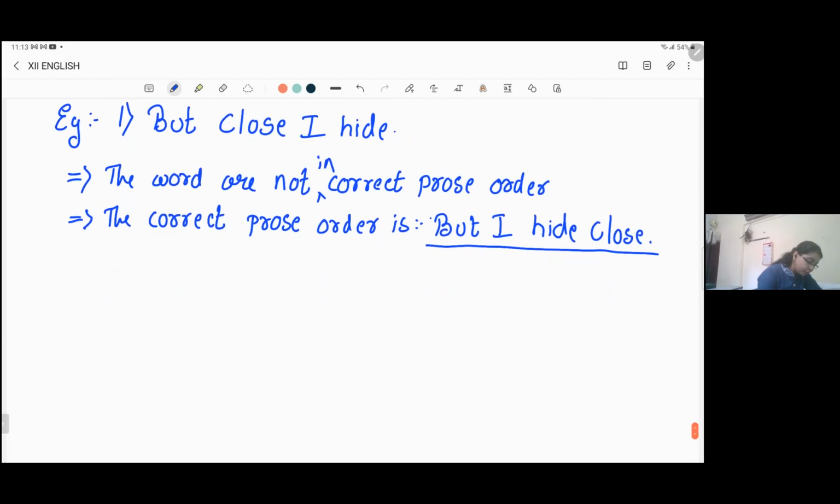Now, second one. Down they came fluttering.